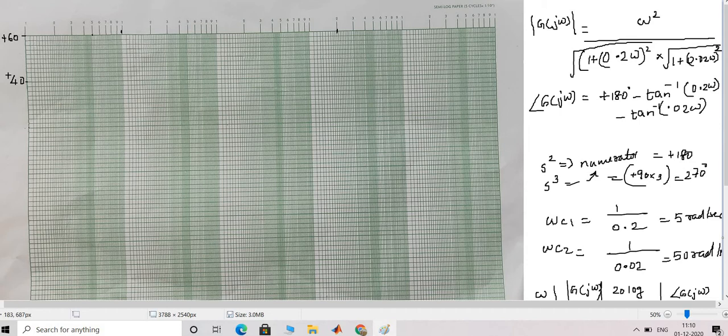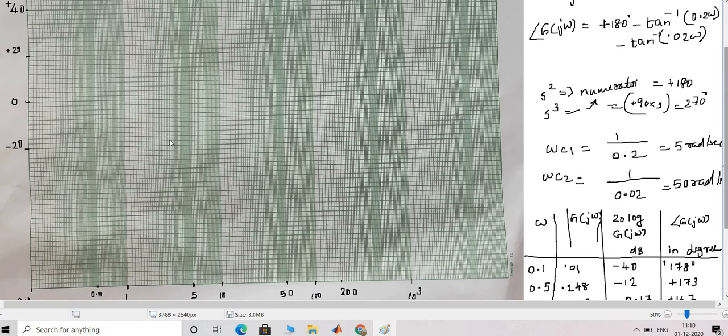Here it will be plus 60, now plus 20, 0, minus 20, and this is corresponding to minus 40.